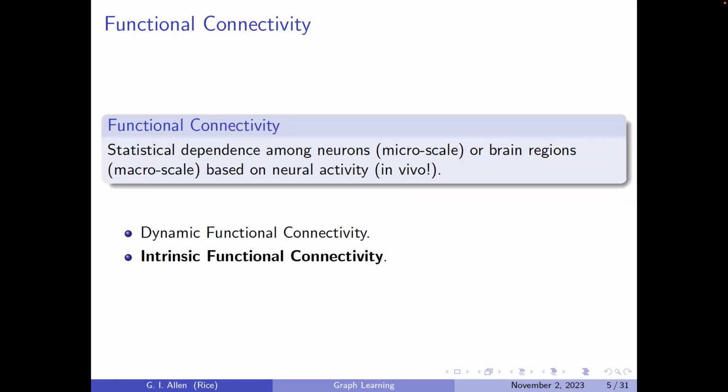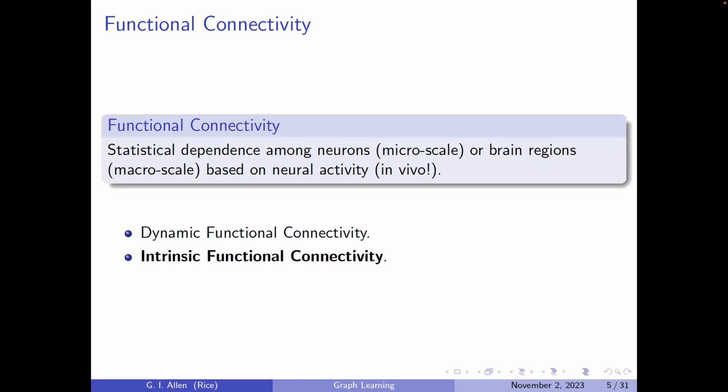Okay. So functional connectivity, what is this? This is just the statistical dependence amongst the neurons based upon their in vivo, or live, brain activity. There are two main types of connectivity, dynamic and intrinsic. Dynamic is just like the word says, it changes over time, so this is the functional connectivity that might change for different stimuli that the mouse is experiencing.